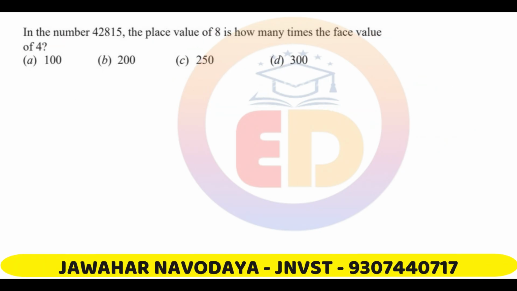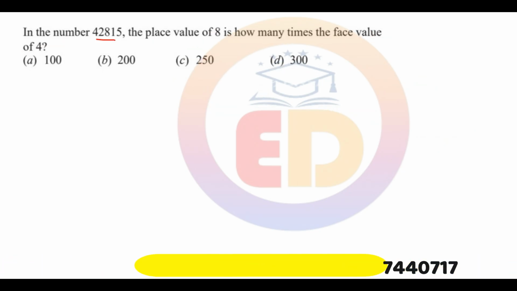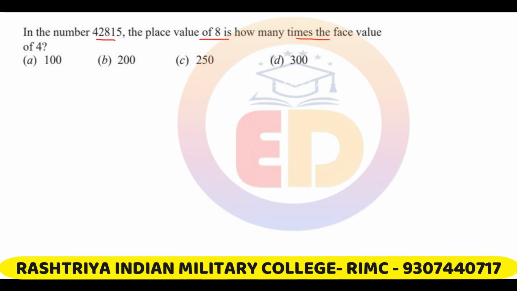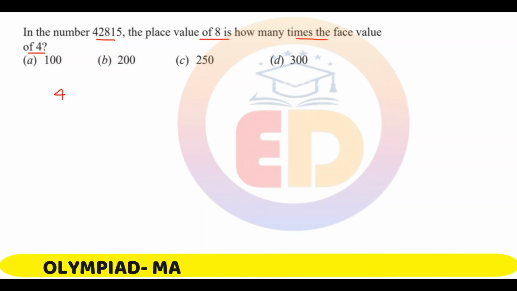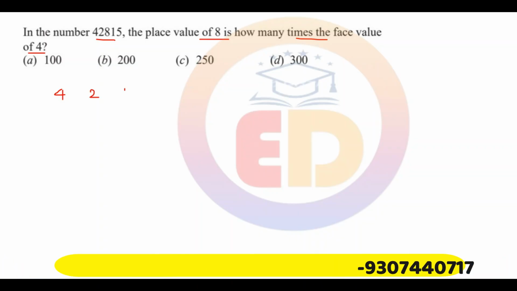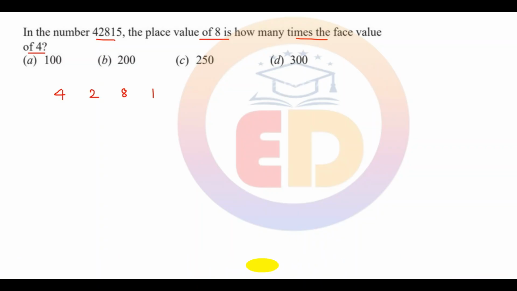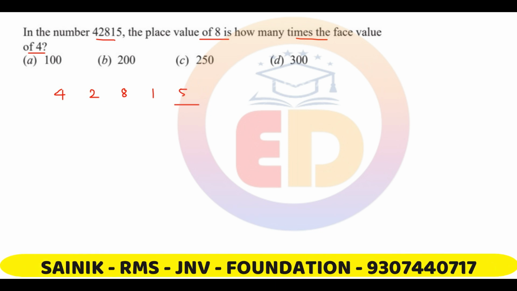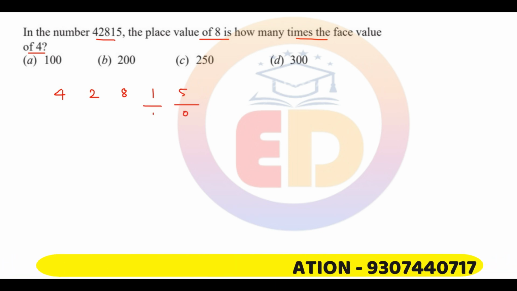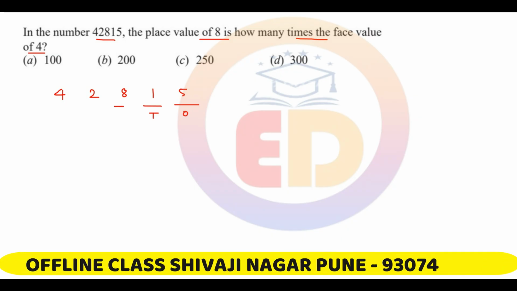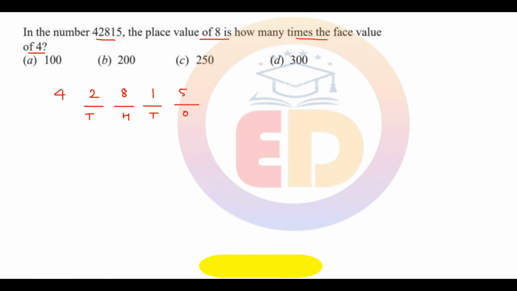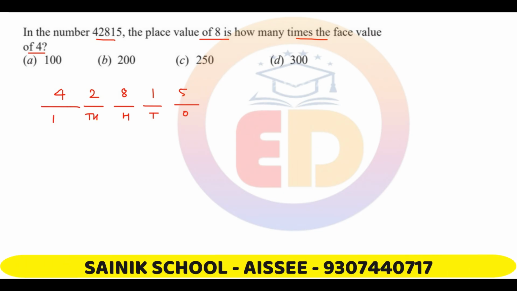Next question, in the number 42,815, the place value of 8 is how many times the face value of 4? 42,815. Here ones place, tens place, 100 place, 1000 place, 10,000 place.